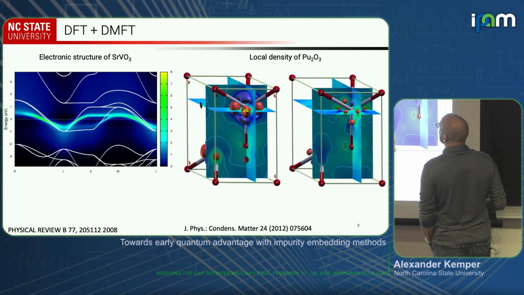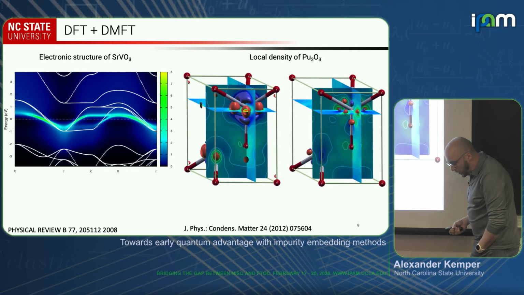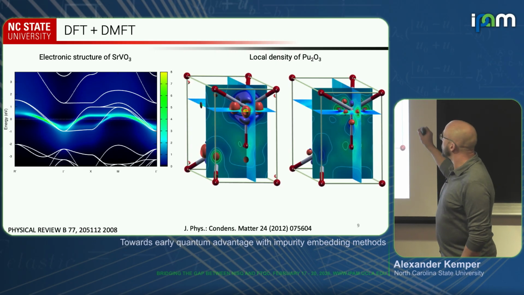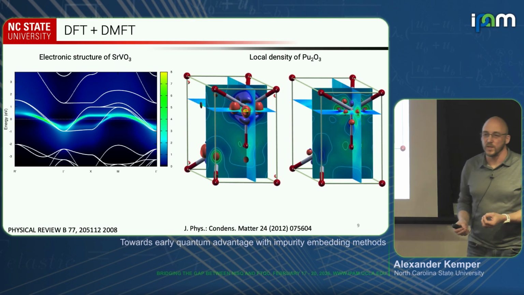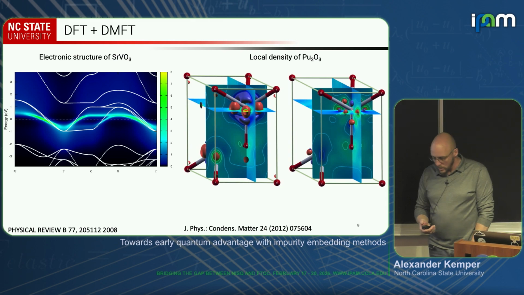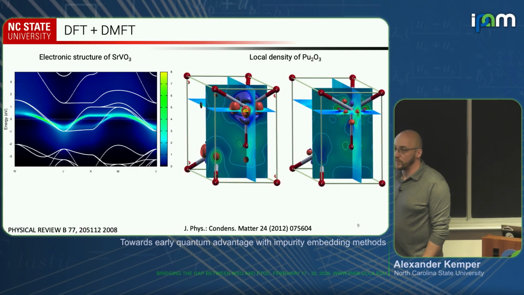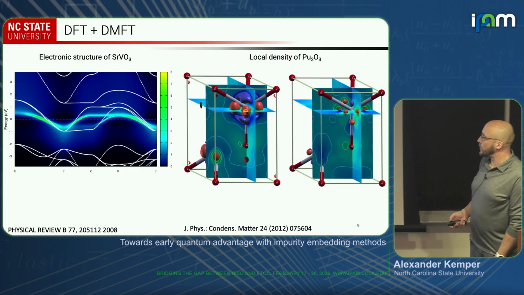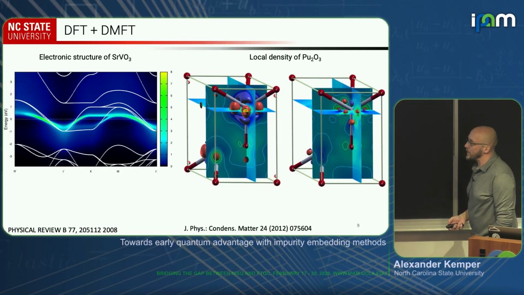You can look at complicated, and by complicated, I mean harder to handle elements. Plutonium is difficult because it's got F electrons. They'll tend to really want to localize. They need strong correlations in order for you to get them right. And these are things that people look at with DFT plus DMFT. So it's a thing that people can use beyond just lattice models.